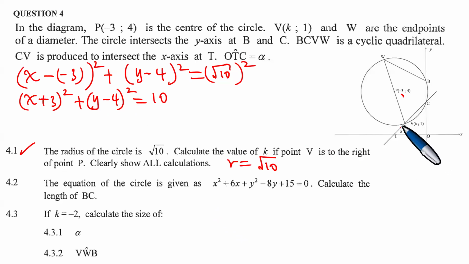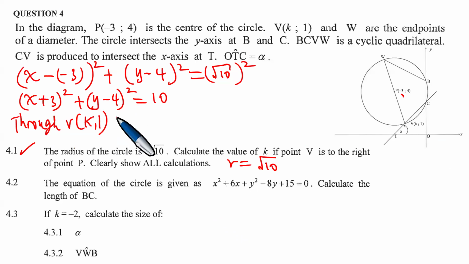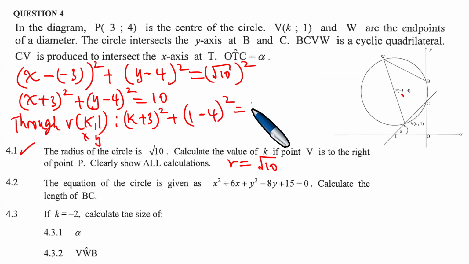Now, this circle passes through V with coordinates K and 1. And this is X and Y. So it is K plus 3 squared, plus 1 minus 4, because we are plugging in the Y, which is 1 here, and the X is K. We square this and the result is 10.